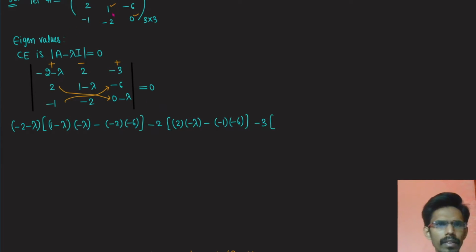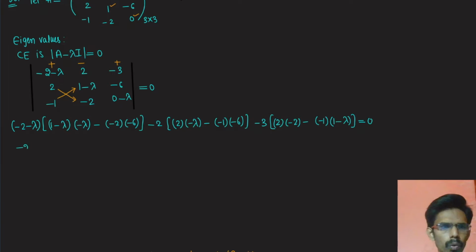Take a big bracket, then leave the first row and the third column. We have four elements left. Now apply AD minus BC here. This will be 2 into -6, put the minus sign, then we have -3 into 1 minus lambda, equal to 0.